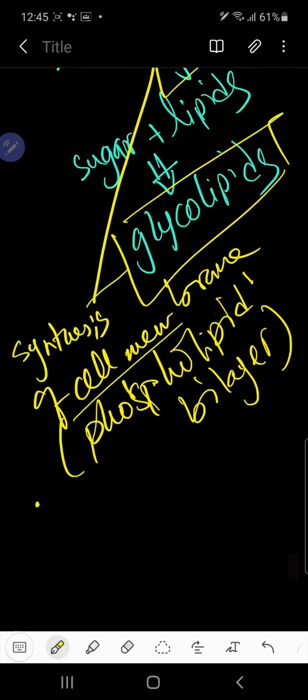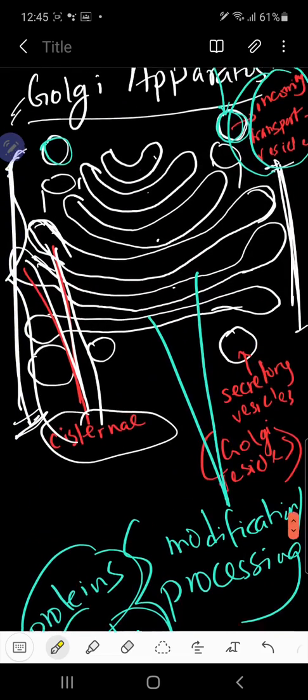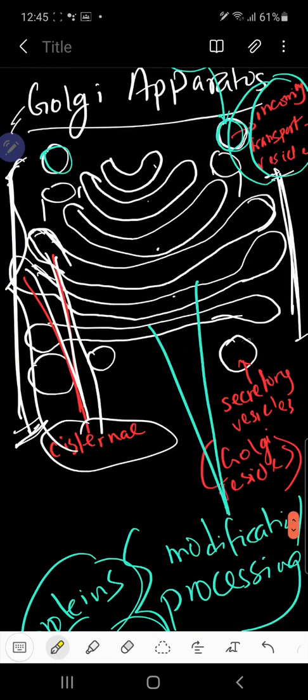Golgi apparatus is that these structures are called the secretory vesicles or the Golgi vesicles. They're sometimes referred to as Golgi vesicles or secretory vesicles. The Golgi body buds off into smaller vesicles at this end, which are round structures.